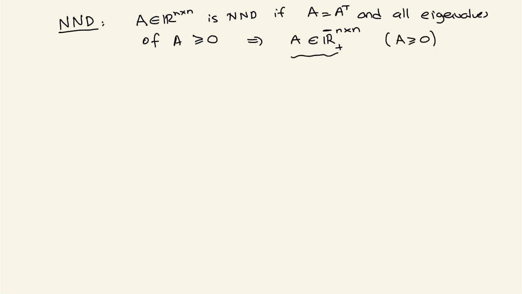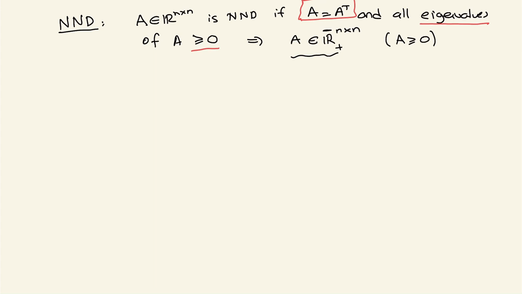I found this a little more precise. One thing to remember here: for a given square matrix, all eigenvalues can be equal to or greater than 0, but to say non-negative definite, A needs to be symmetric. And I will give you an example immediately after these definitions.